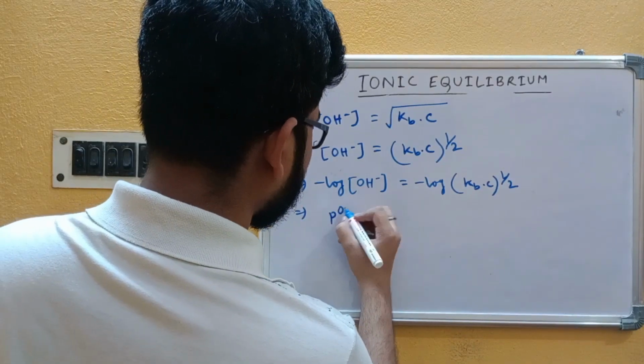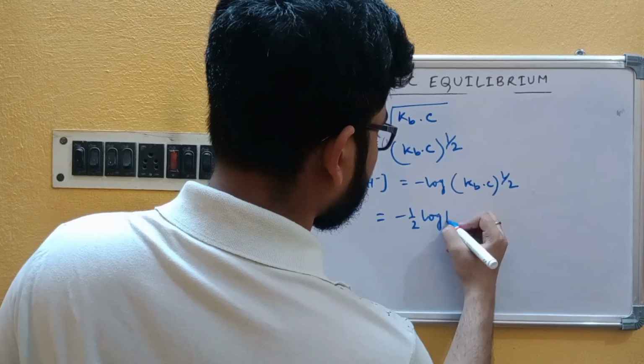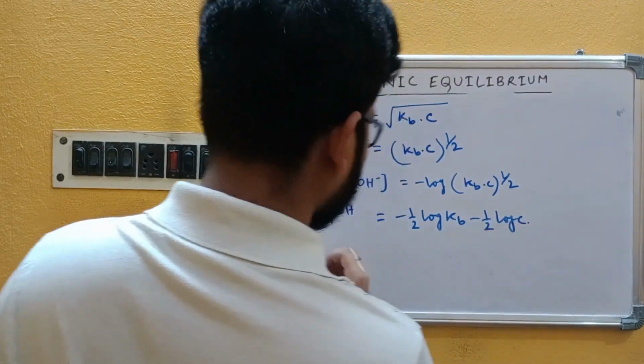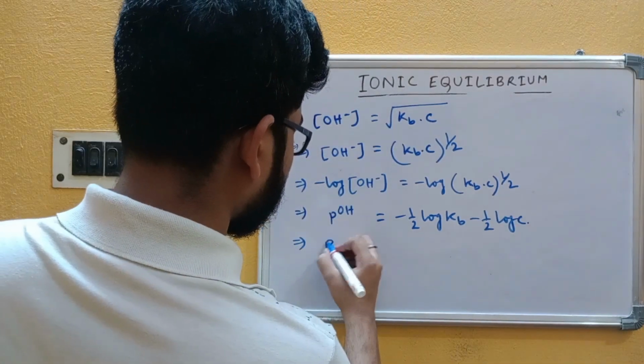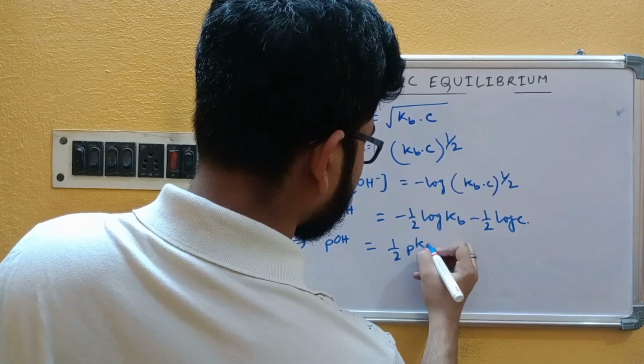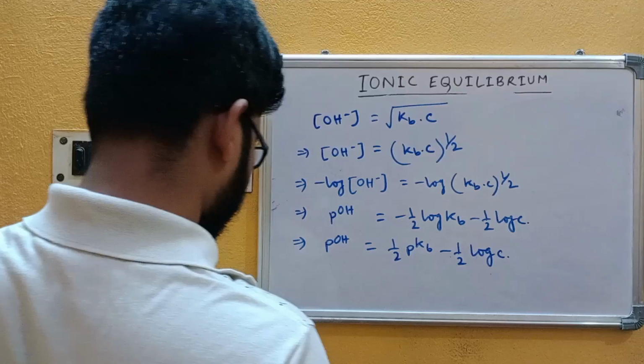So this is pOH, and this is minus half log Kb minus half log C. So pOH is equal to half pKb minus half log C.